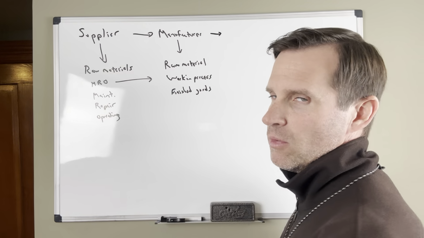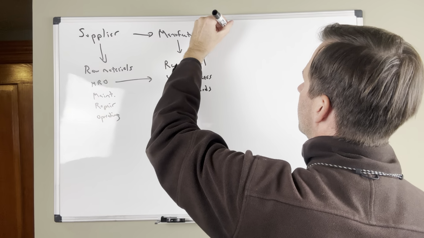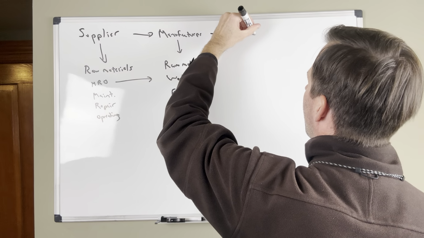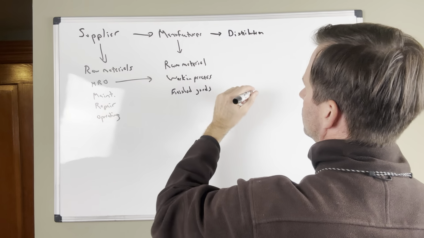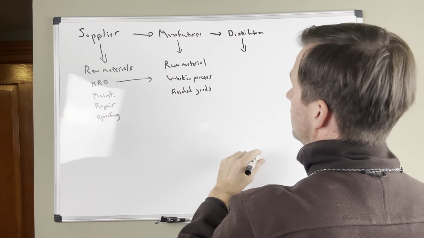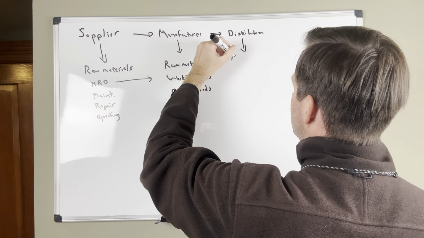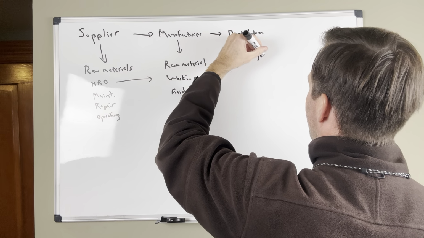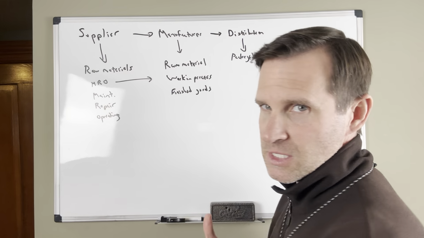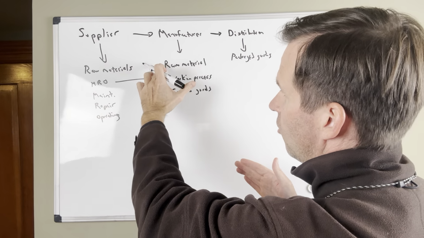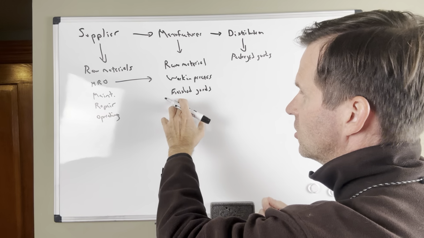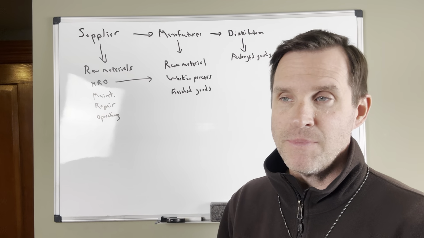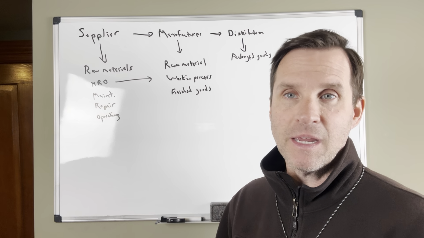So let's assume now you're going to a distribution center. Now in here, you're going to have packaged goods. And all that simply is once you've produced the finished product, you put it in packaging. Maybe it goes in a box, a bucket, a bag, something like that.